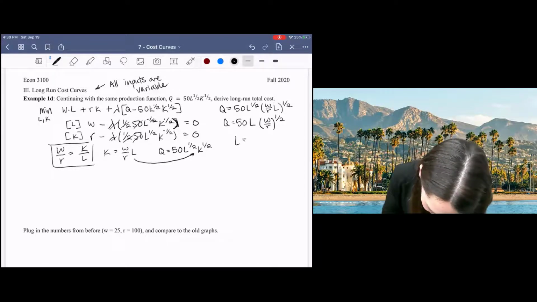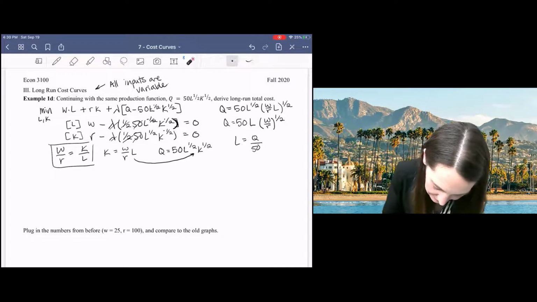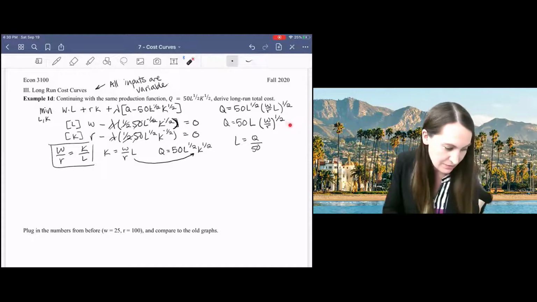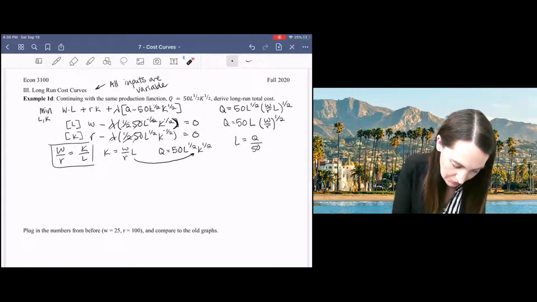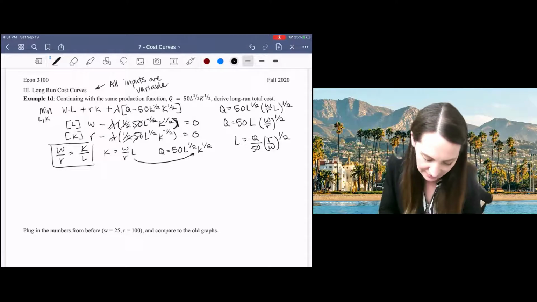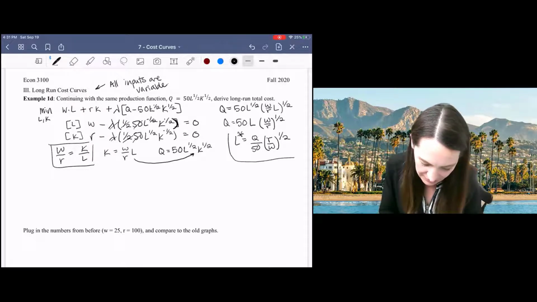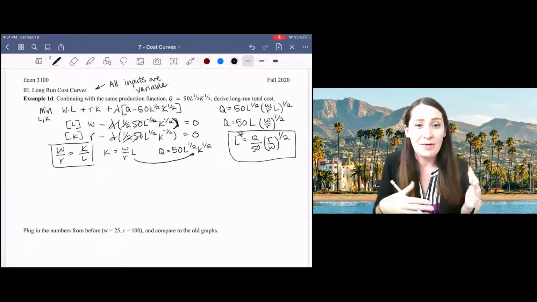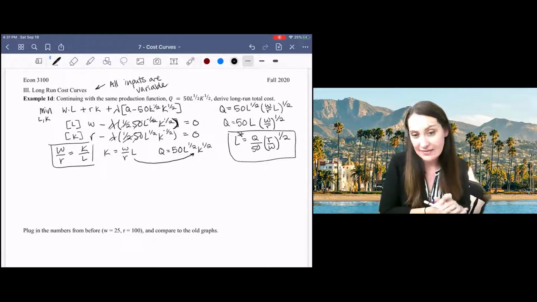So now we would just like to solve for L. So L equals Q over 50. And when I move this W over R to the 1/2 to the other side, I'm just going to get R over W to the 1/2. And that's my labor demand equation. So you can see that the more I want to produce, the more labor I have to hire, obviously.